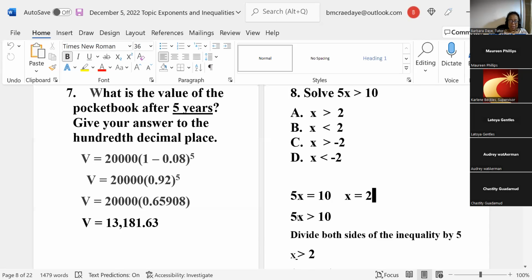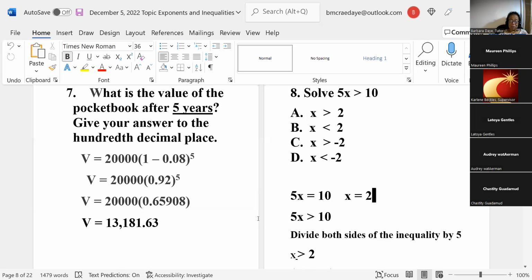Okay, let's think about this, Audrey. What if x is 2 right here for 5x greater than 10? If x is 2, 5 times 2 is 10, but 10 is not greater than 10, right? But if x was 3, 5 times 3 is 15, 15 is greater than 10.